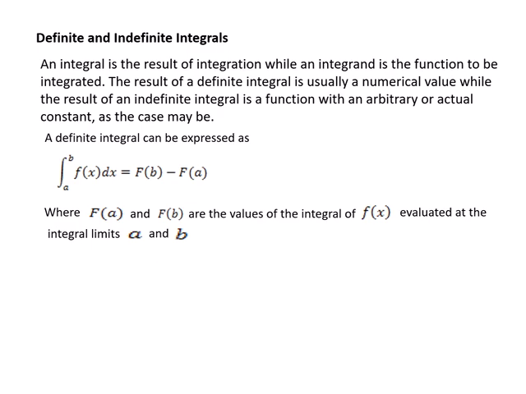That is, the function you integrated, the value you get from there, we call it an integral. That is the result we got from the integration. While an integrand is the function to be integrated. That function given to be integrated, we call it an integrand.